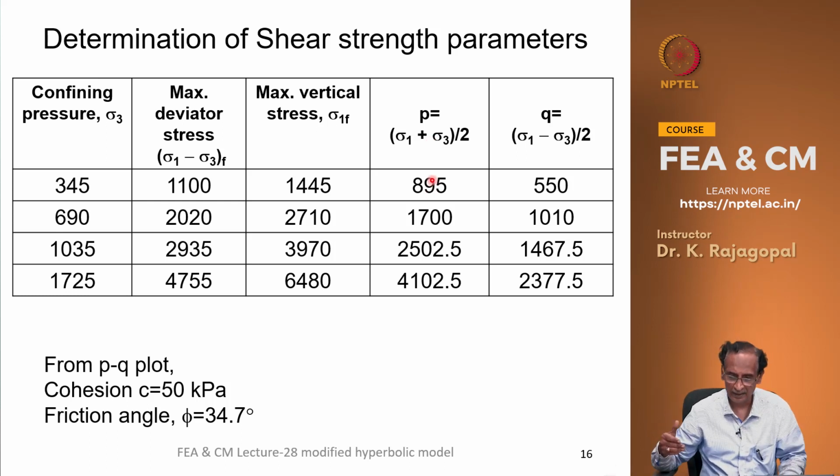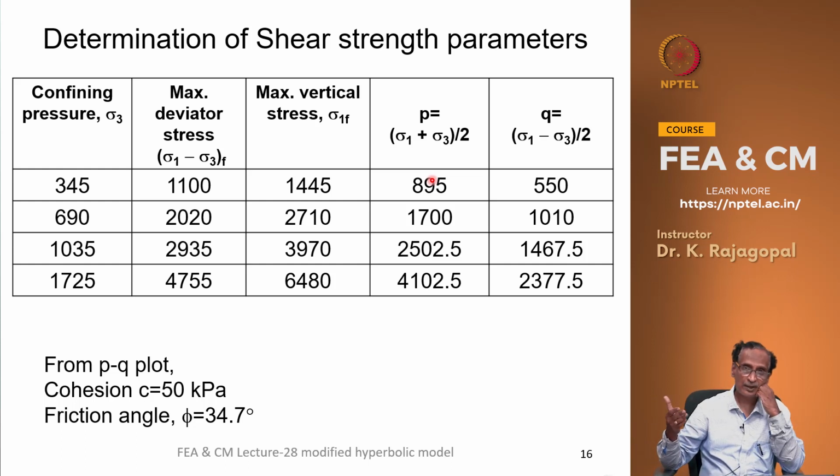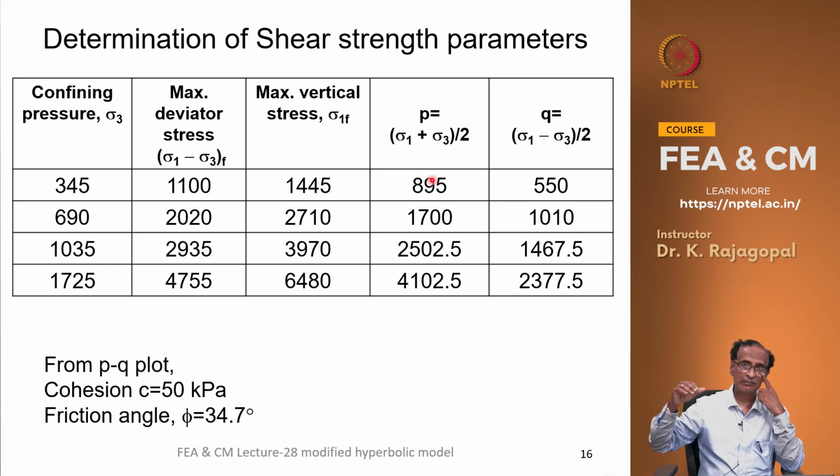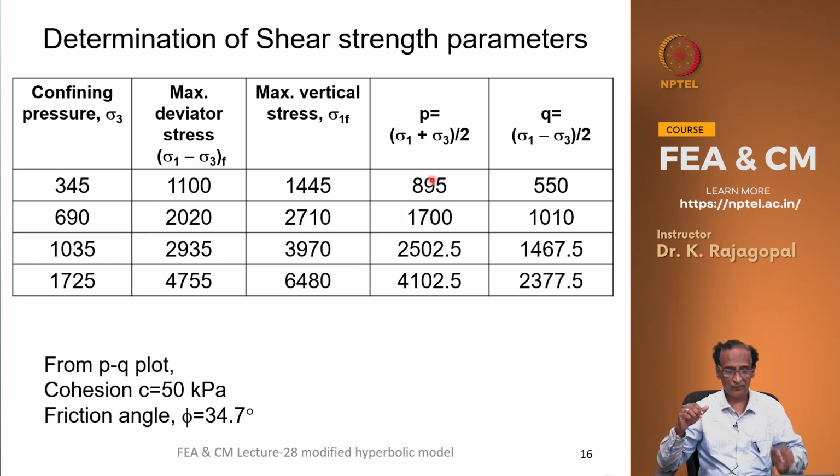We can give this data to any calculator or Excel spreadsheet program and then fit a straight line and get our intercept on the y axis and then the slope, and from that the phi is sine inverse of that slope, and then the c is the intercept divided by cosine phi, and in this case the c is 50 kPa and phi is 34.7.